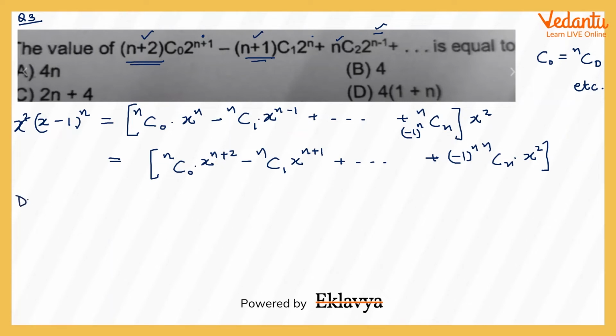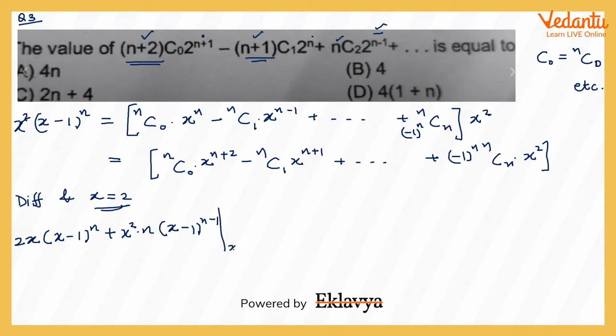So differentiate and put x is equal to 2. If I differentiate the left side, we will get 2x into x minus 1 power n plus x square into n x minus 1 power n minus 1, where I will put x is equal to 2, and that is the required expression in the question.